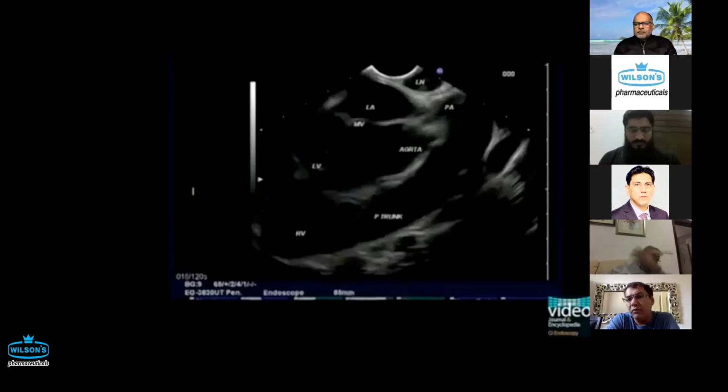So make a habit, whenever you do an EUS, to do the mediastinum at the end, and do it step by step. First you look for the subcarina, then the AP window, and then keep coming up. If you are interested in the aorta or aortic arch, you can look at those as well. But from a practical point of view, these are the only two things.